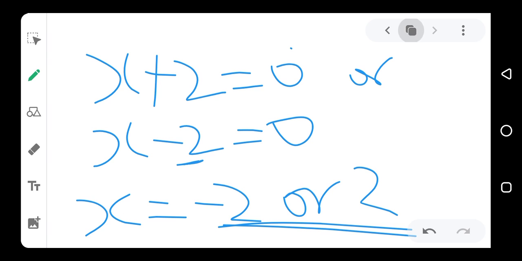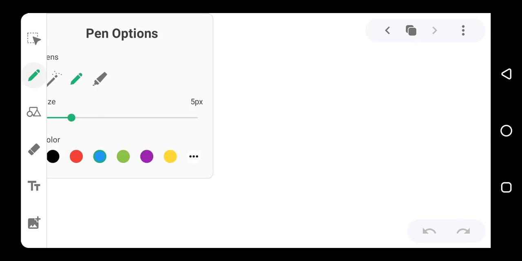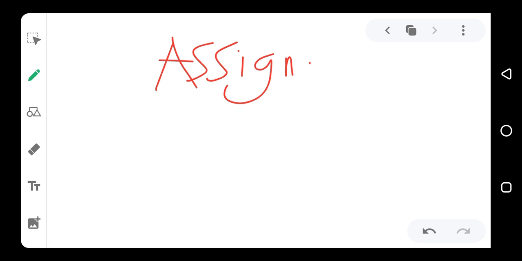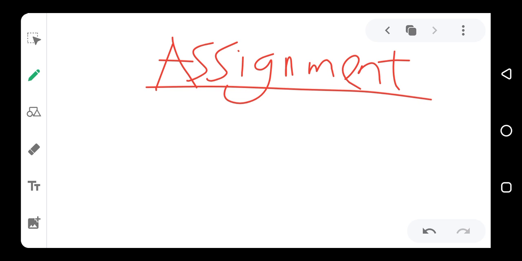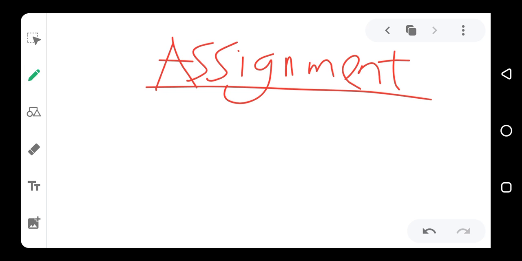Now your assignment. Determine the value of x for which the following fractions are not defined, are undefined.